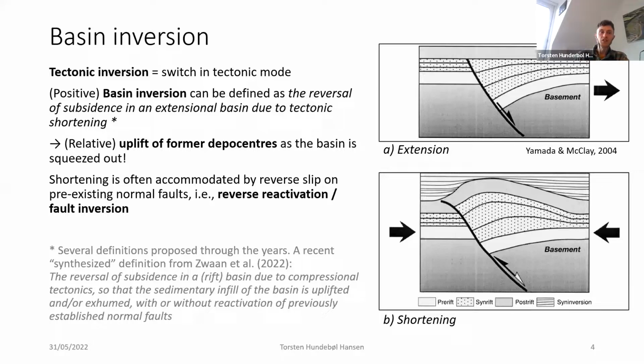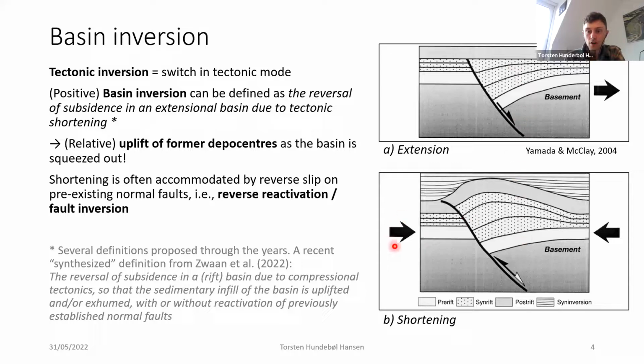And basin inversion usually involves the at least relative uplift of former rift epicenters, as the rift basin is basically being squeezed out of its place. So you see a figure here on the right from Yamada and McClay, really nice cartoon showing firstly a rift half-graben with wedging synrift deposits, synrift units.